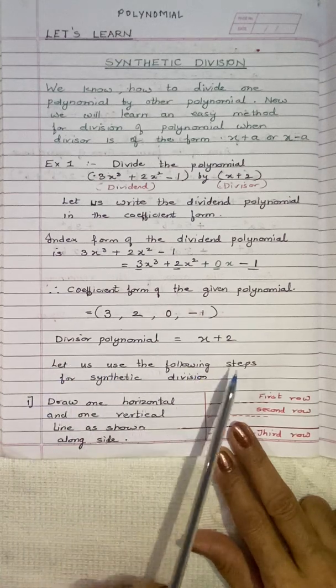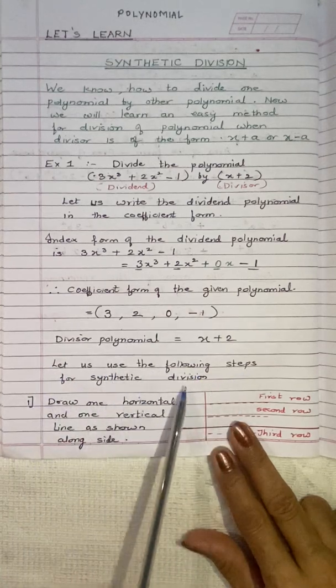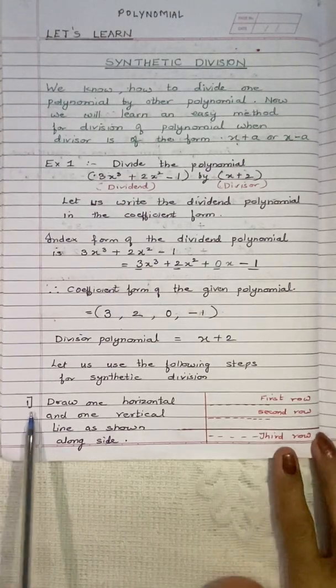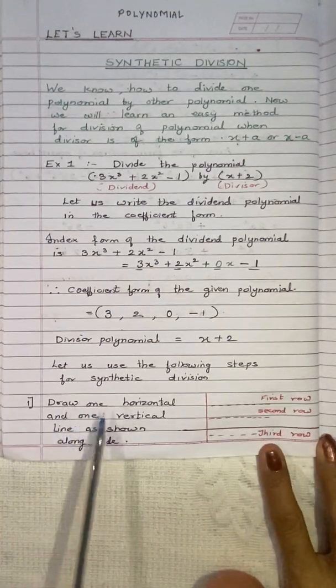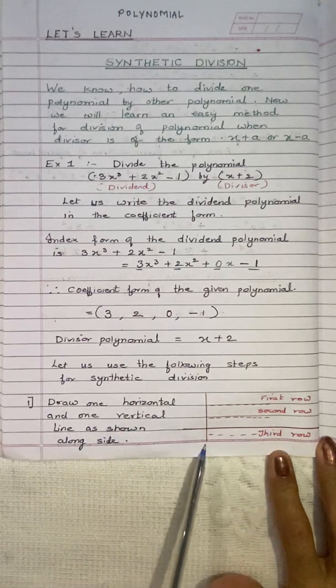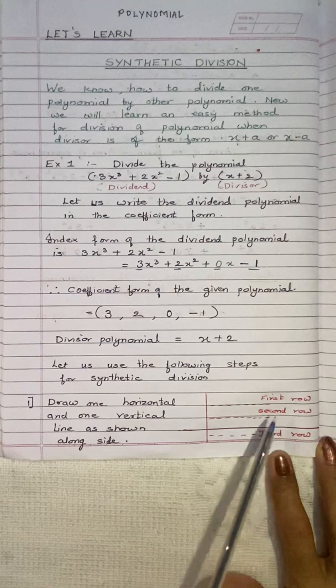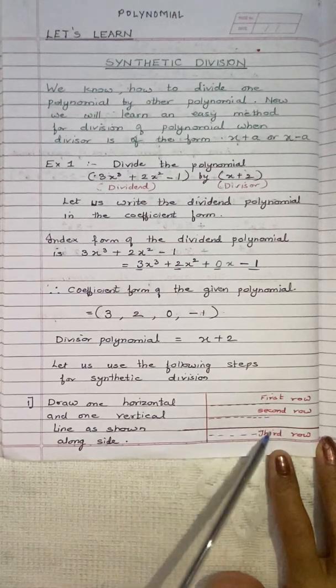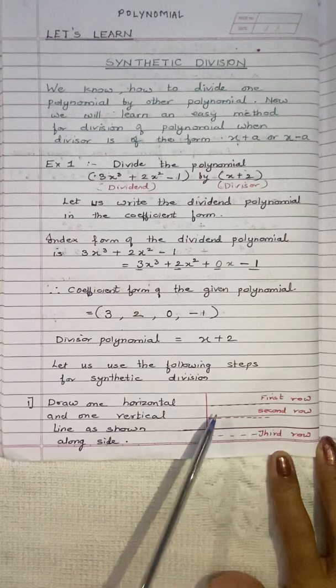Let us use the following steps for synthetic division. First, draw one horizontal line and one vertical line as shown along the side. We will require 3 rows: first row, second row, then the third row.